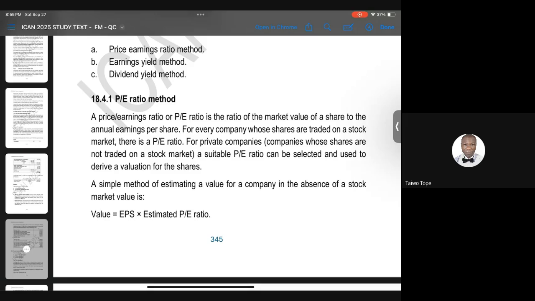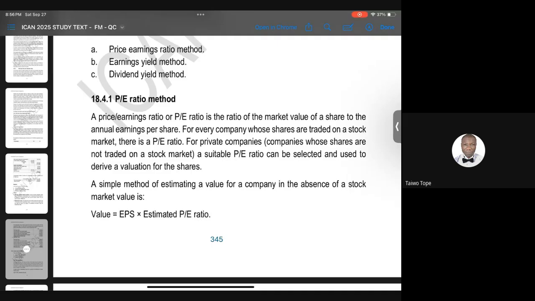That is between a proportion of 10% to 50%. I think this value is also stated in the study pack. You adjust downward in the proportion of 10 to 50%, depending on the perceived risk associated with the unlisted company. The point is this: the higher the risk associated with an unlisted company, the greater the percentage.